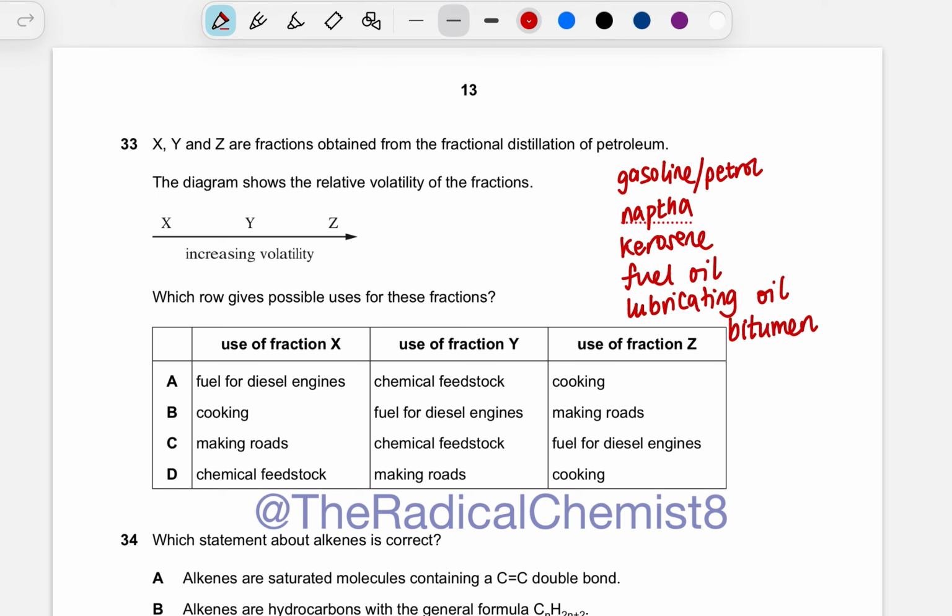Bitumen is a thick, viscous liquid, so that's going to be your least volatile one. Bitumen is used to make roads, so automatically using that, you already know your answer is C. And we can double check chemical feedstock and fuel for diesel engines. Those would be your more volatile fractions.